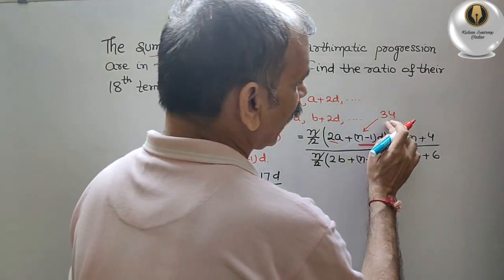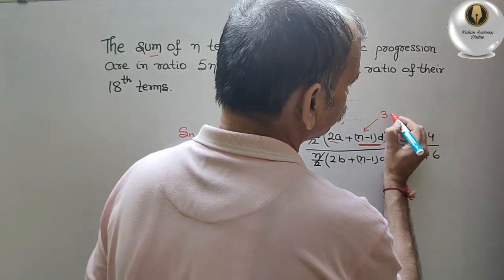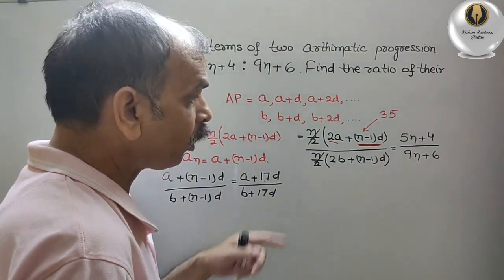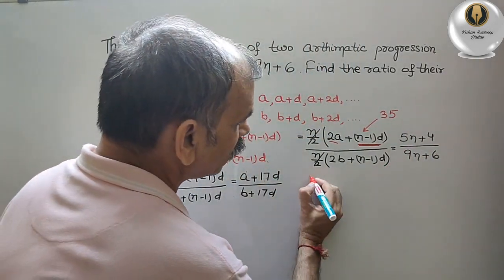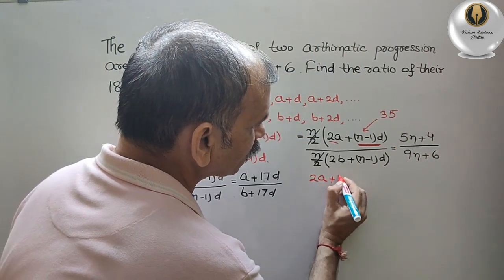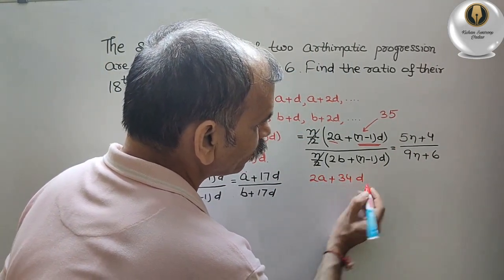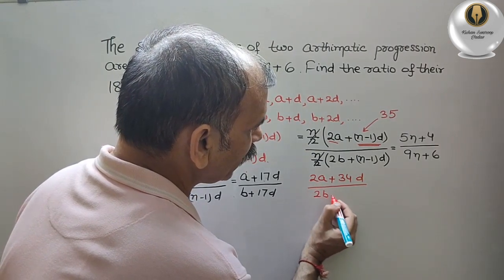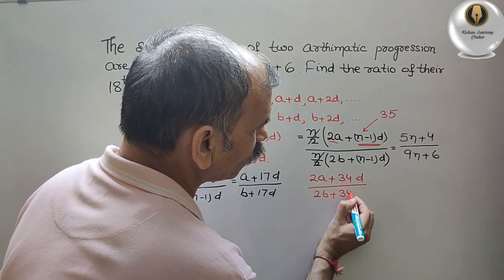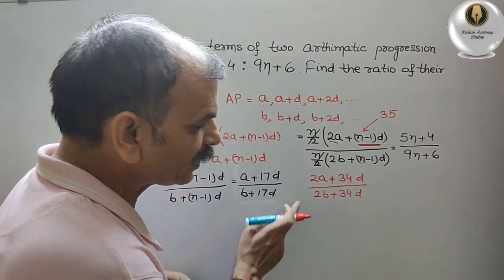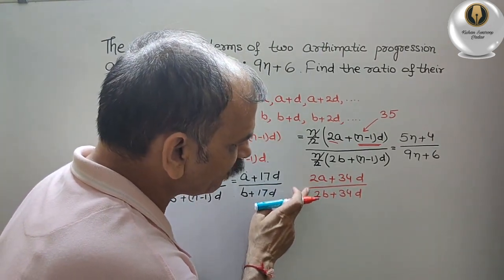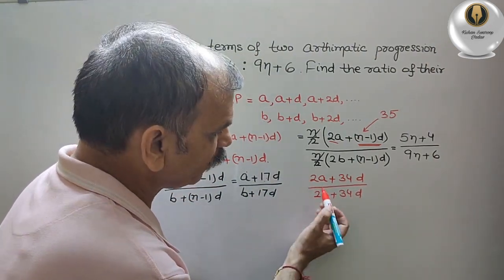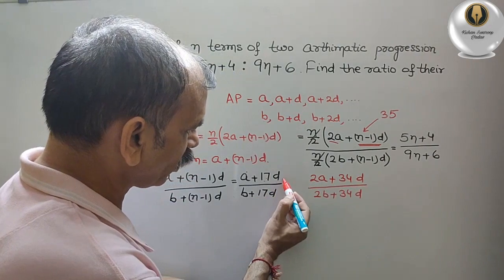That means here n is 35. So it will be 2a plus 34d by 2b plus 34d. These two are divisible by 2. If you divide by 2, you will get a plus 17d, what they want.